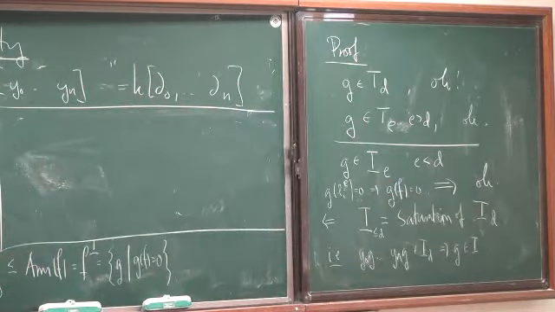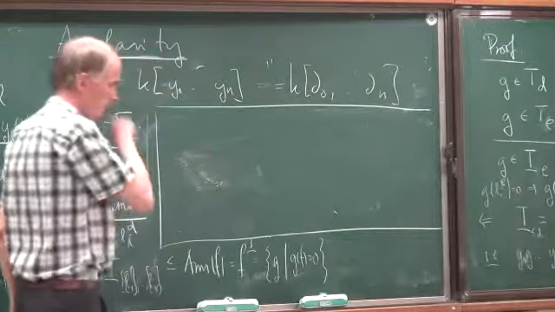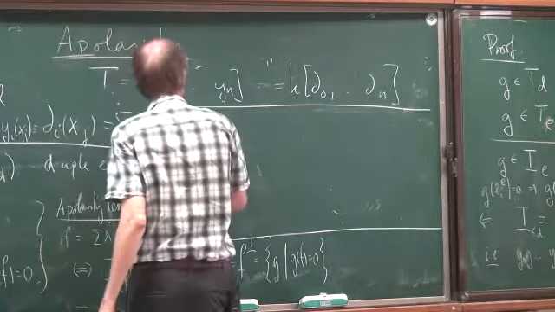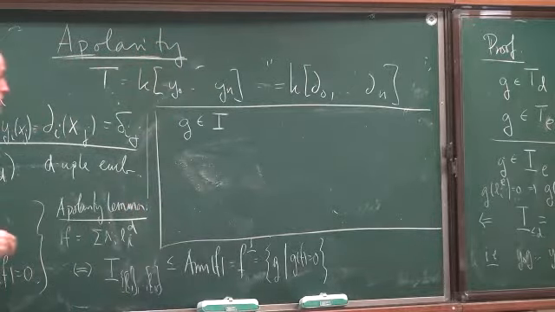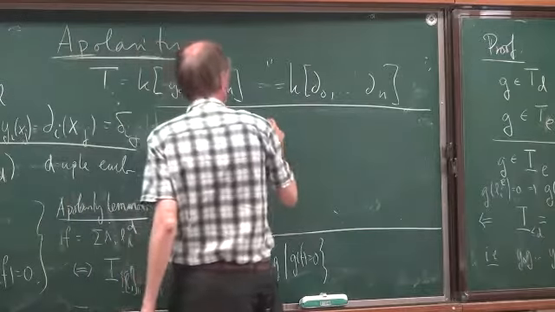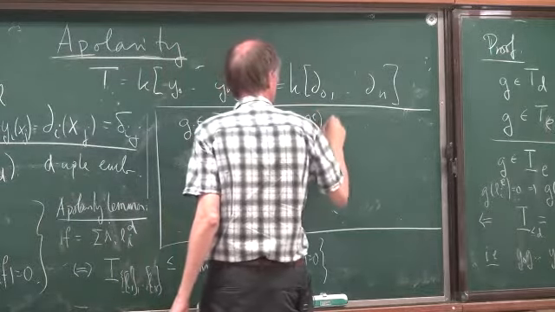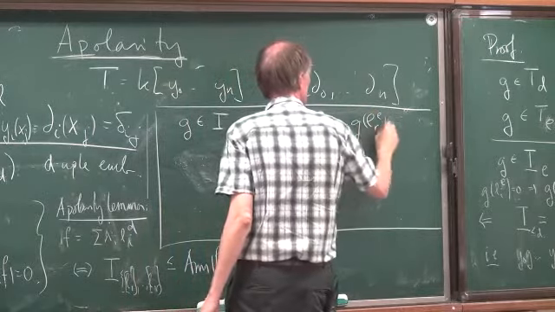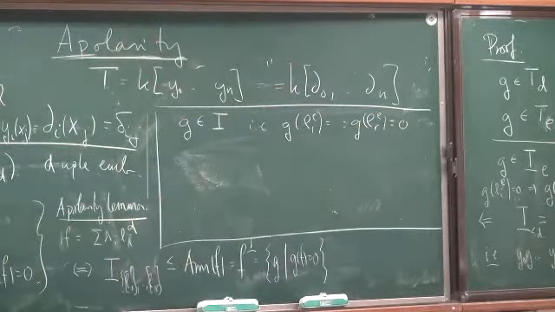So I know, if G is therefore in I, i.e. G of L1 to the E equal to G of LR to the E is equal to 0. That was this part, right?